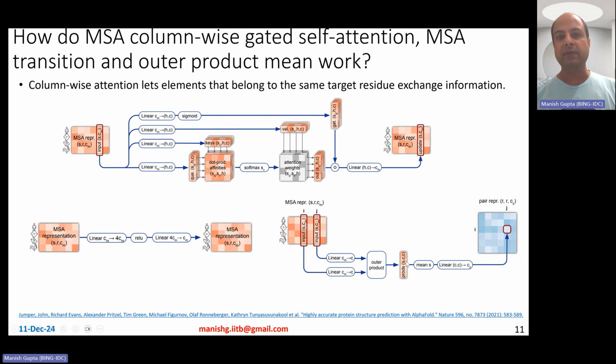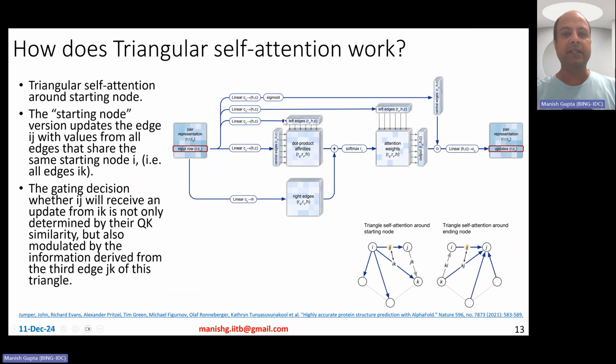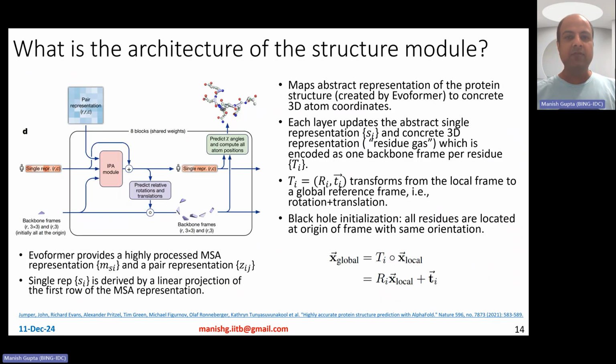Lastly, we looked at the outer product mean block. We then also looked at the tower for the pair representations, the triangular multiplicative update, and the triangular self-attention modules. This is where we stopped last time. Let's continue from there.